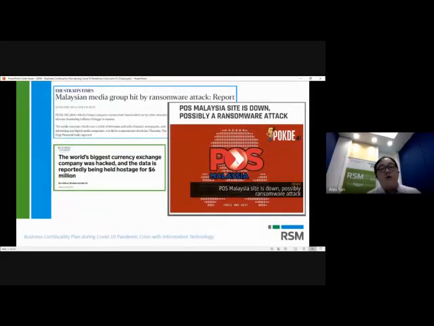The next slide will show us some of the recent cyber attacks in Malaysia. One of them was Media Prima Berhad, where one of the servers was attacked and data was encrypted.